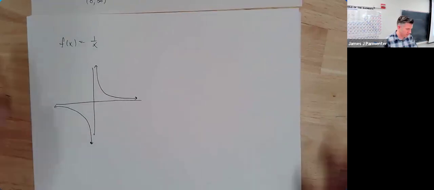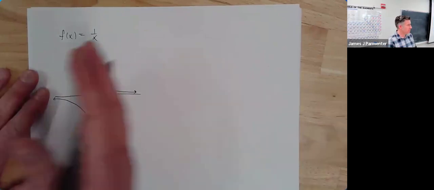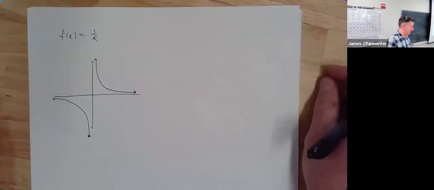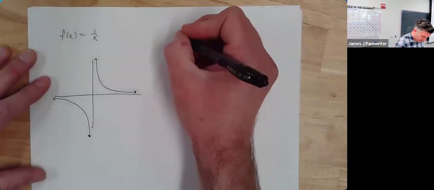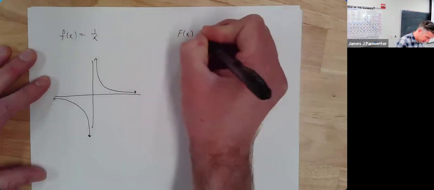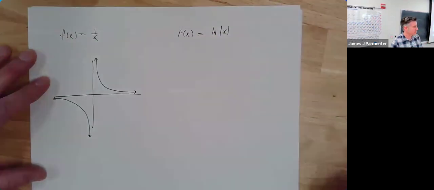There's your usual 1 over x function. And the antiderivative of this really should be defined on both sides of the y-axis, when x is positive and when x is negative. So we define the antiderivative, which I'm going to write as capital F of x, to be the natural log of the absolute value of x.